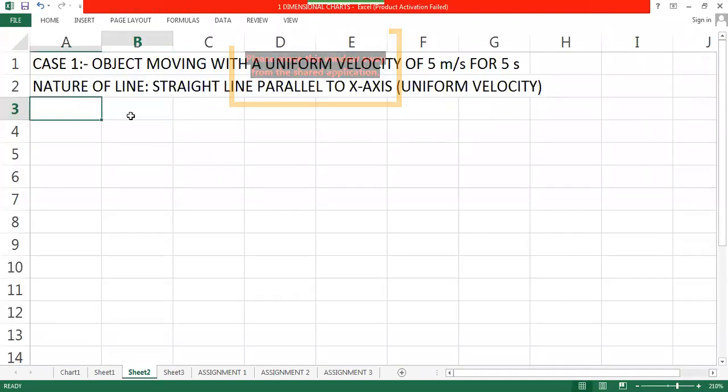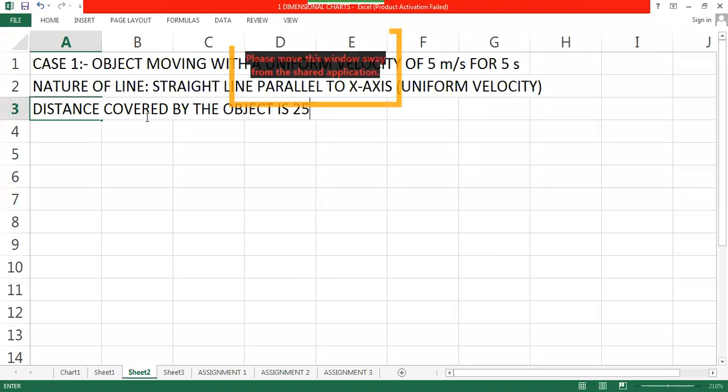Yes or no? See, distance covered by the object is 25 meters and area under the line is 25. Yes or no?